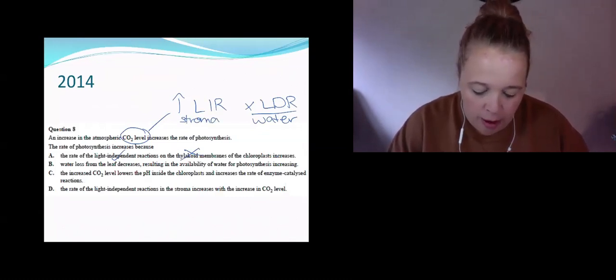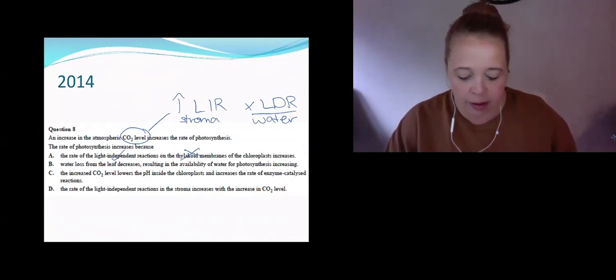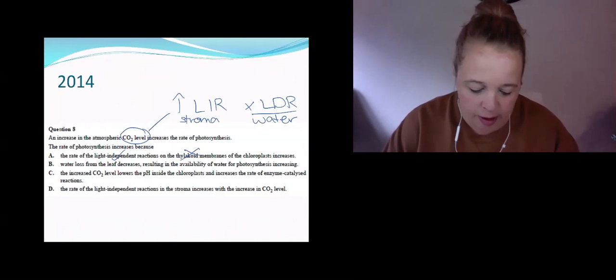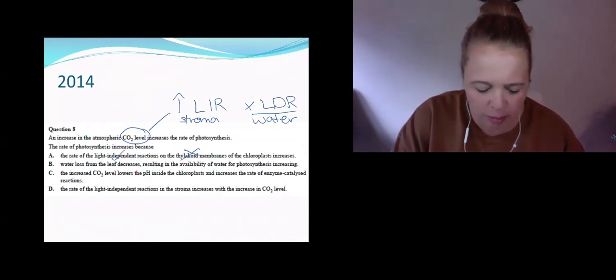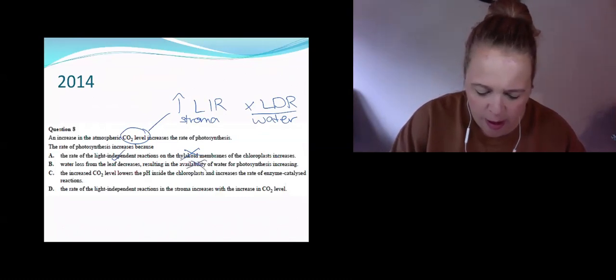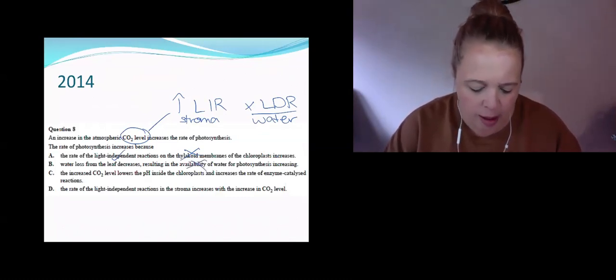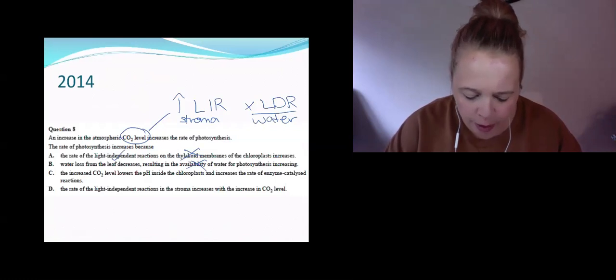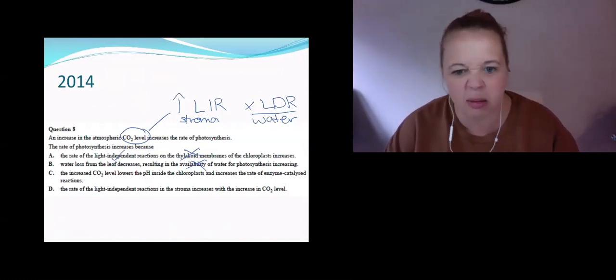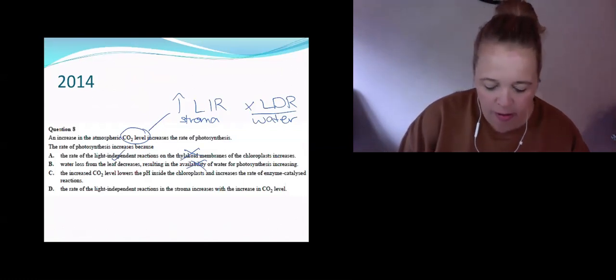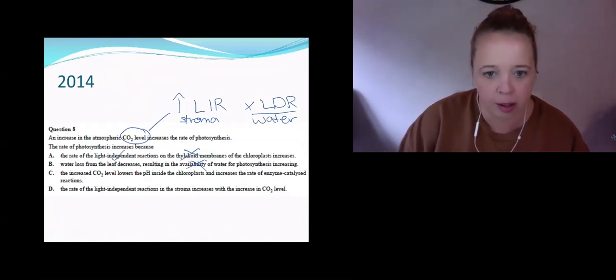Water loss from the leaf decreases, resulting in availability of water for photosynthesis increasing. So CO2 has got nothing to do with the amount of water available to the plant. So we're going to get rid of that one. The increased CO2 level lowers the pH inside the chloroplasts and increases the rate of enzyme catalyzed reactions. So there's a few reasons why this one's wrong.